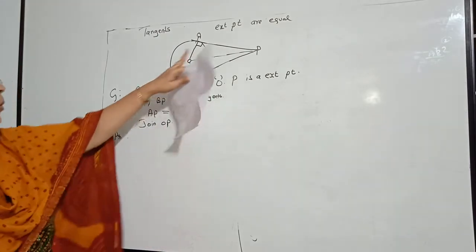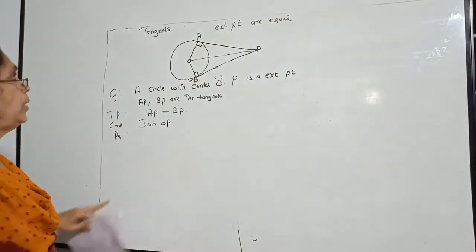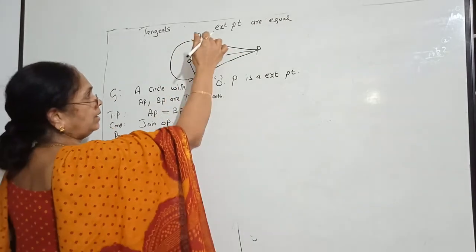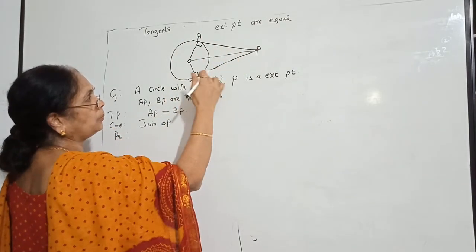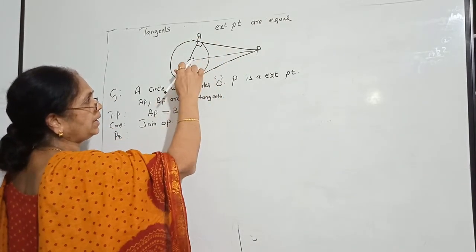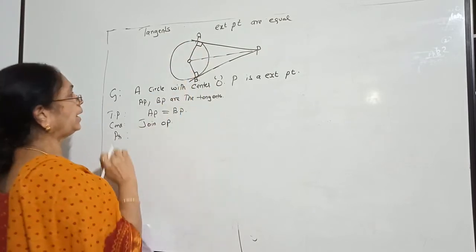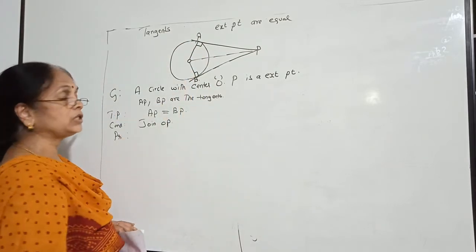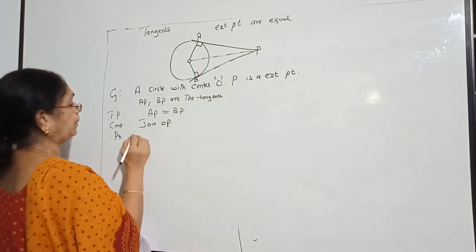My focus is proving these two. So I will take triangle AOP and triangle BOP, 90, 90, radius, side, so I can apply the RHS postulate.